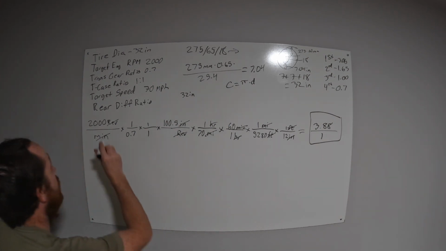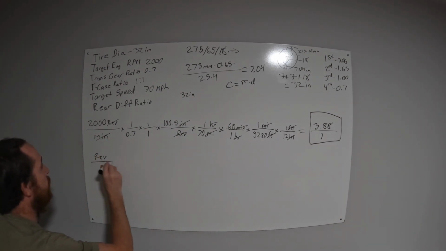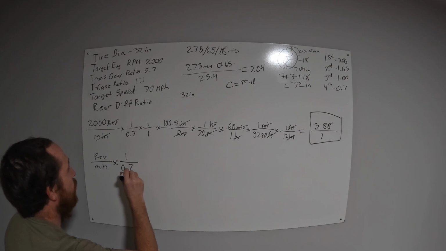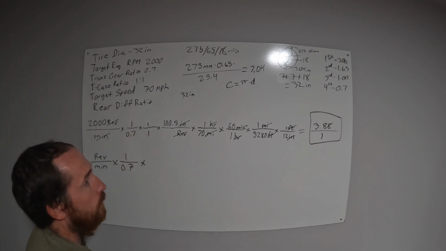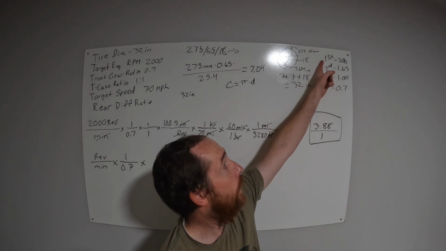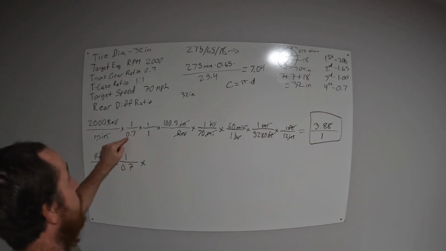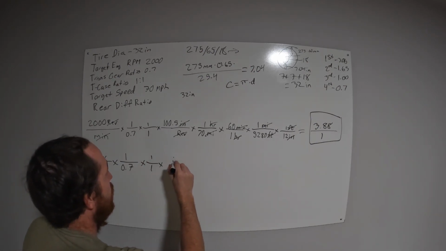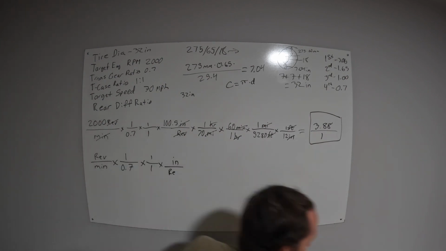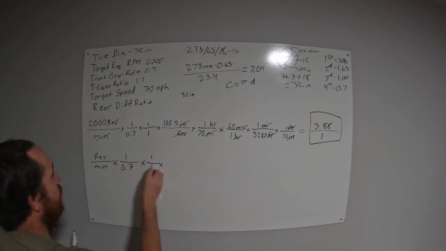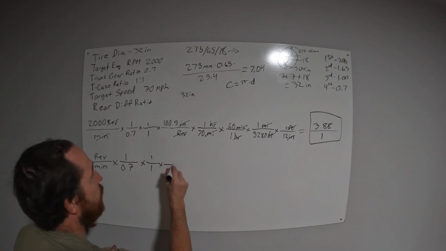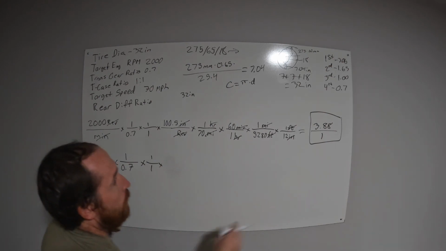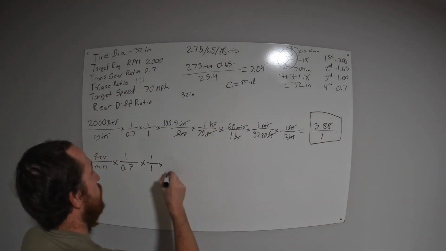So I take revs per minute multiplied by my gear ratio. And I can do it for any gear. You just put whatever gear it is right here. Multiplied by transfer case ratio, multiplied by inches per, nope, let's keep all of the gear ratios together here. Let's put our 3.8, nope, did that wrong. Because it's on this side of the equal sign, to bring it to this side, I have to flip it.